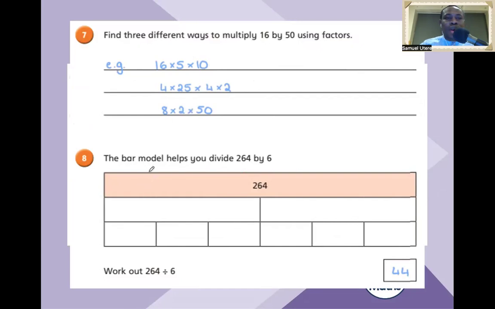And then here you were asked, the bar model helps you divide 264 by 6. There are different ways to do this, but the bar model is showing you that the factors of 6 are 2 and 3. So this bar model is showing you that you can have 64 and then divide what you get by 3. And your answer will be 44.